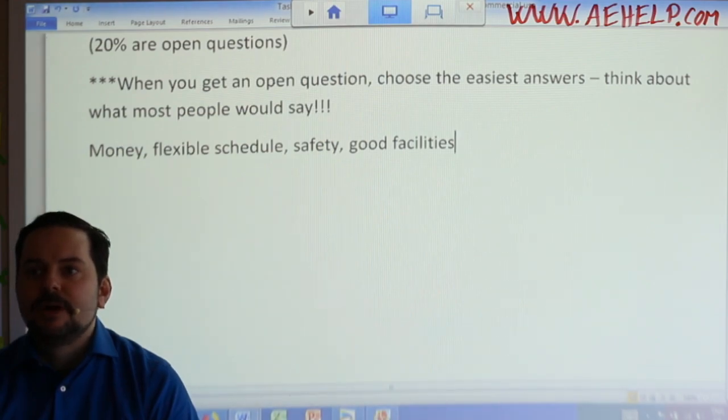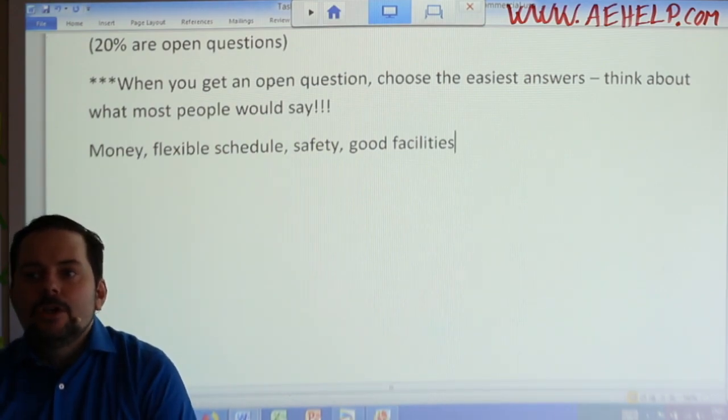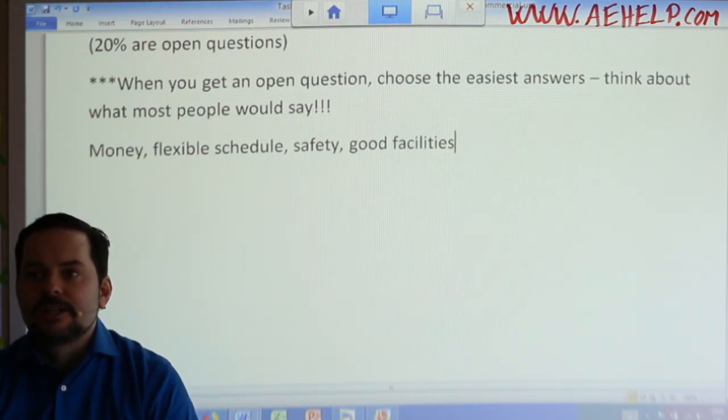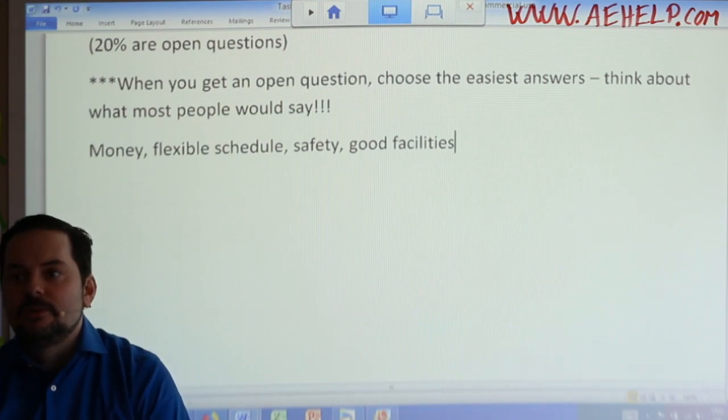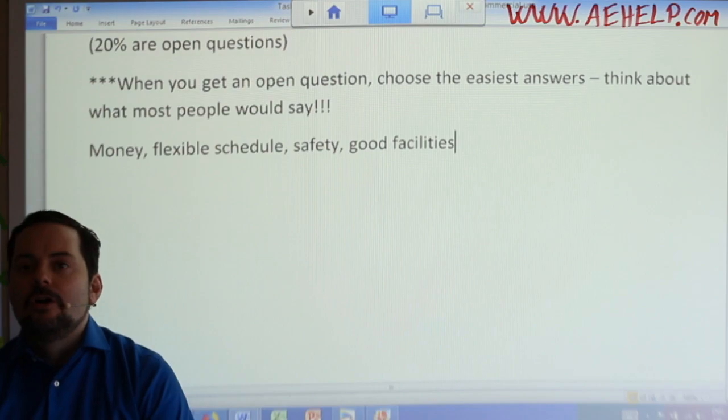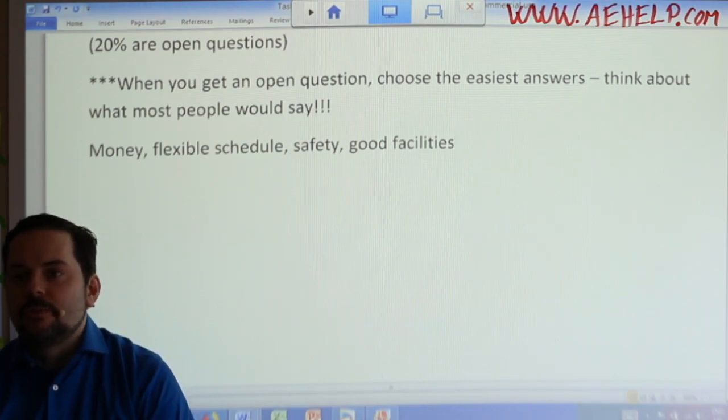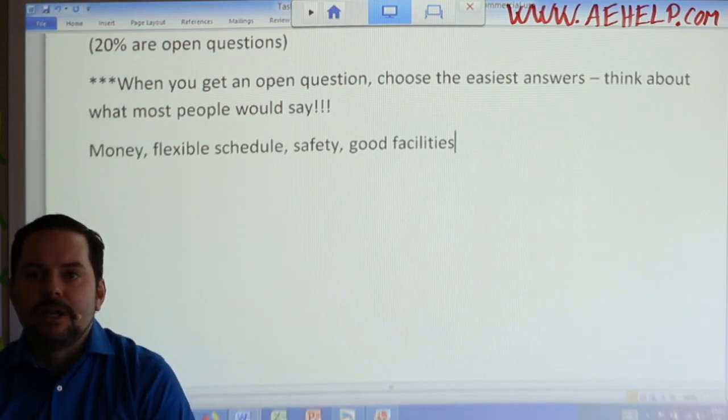So Shilpa says money, safety. Saeed says safety and money. I agree. Sachin, maybe you might choose a flexible schedule. It could also be possible. I personally think that money and safety are the easiest 2 points to write about. And it looks like most people agree.